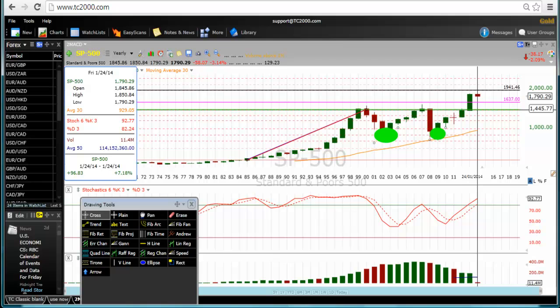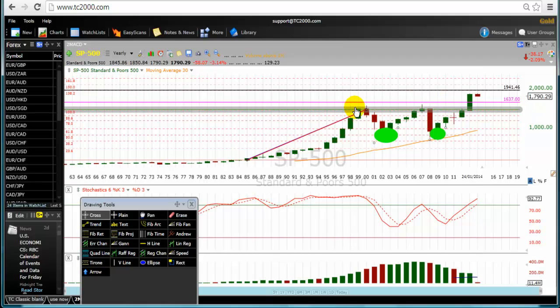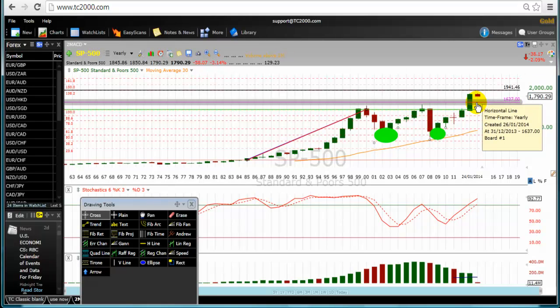That's the key level that we have taken out, 1450. So the market may decide to retest the level of 1450, but as the price is pulling down, there are other key levels that we must watch.